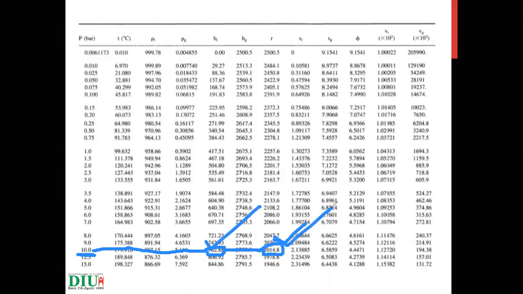Remember, this steam table has two characteristics. One is that the sensible heat and the latent heat start from 0 degrees Celsius. Okay, it calculates from 0 degrees Celsius, not from 10 degrees or 20 degrees. The sensible heat is from 0 degrees Celsius, and also it is for 1 kg.